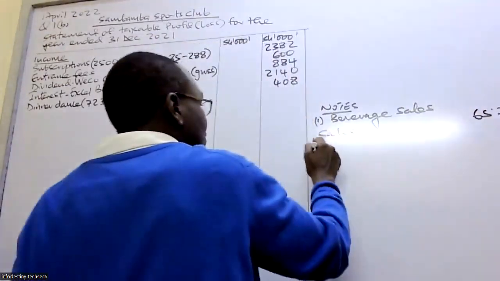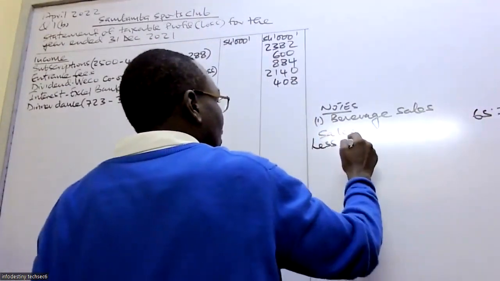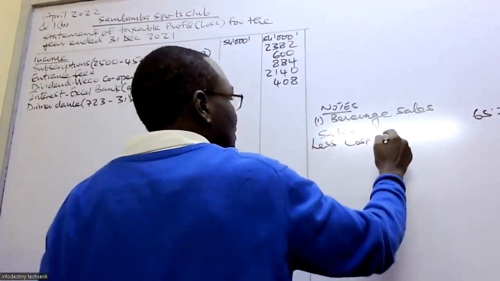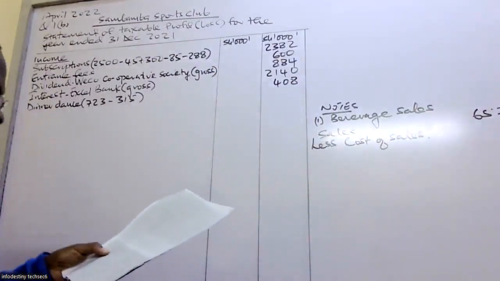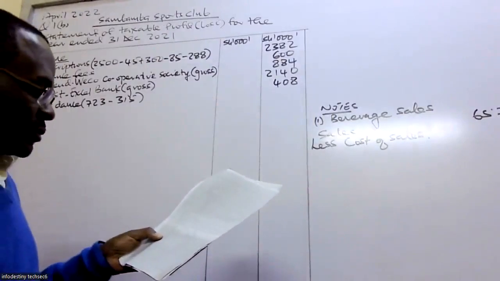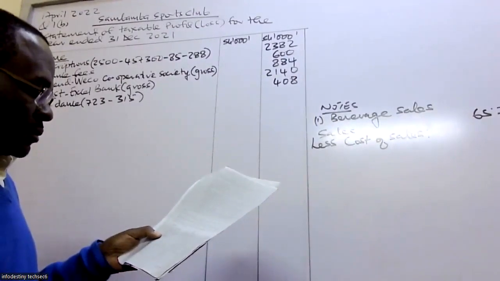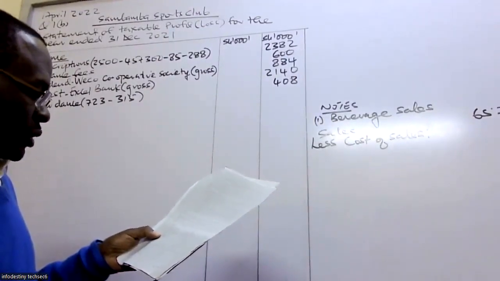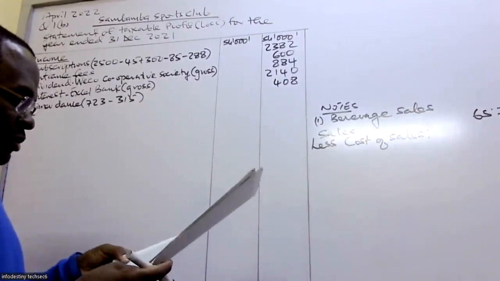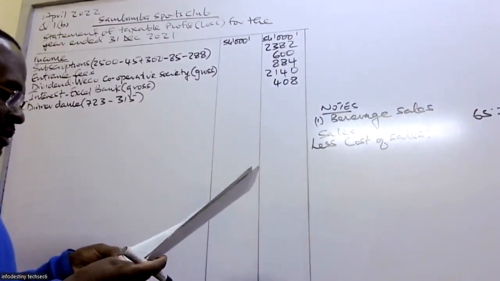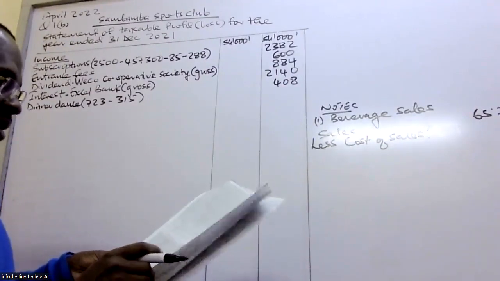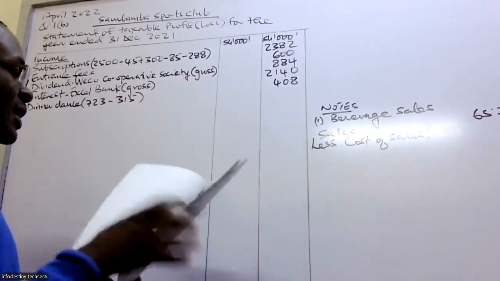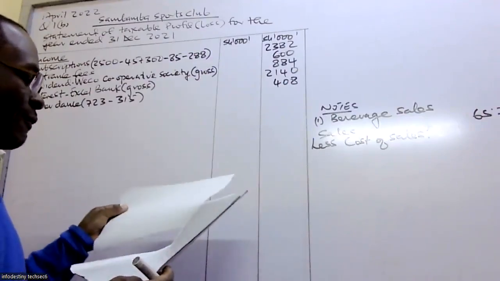And then we have cost of sales. We have in note number 2 the stock of beverages at the end. There must be stock of beverages at the beginning. It's in note number 4.